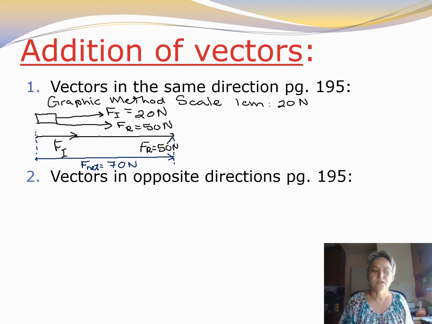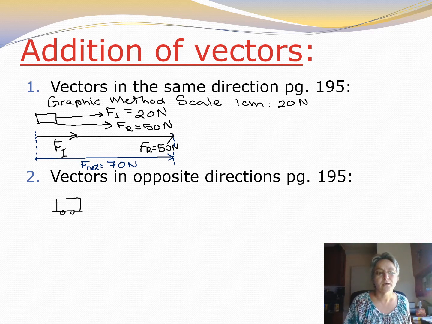For vectors in opposite directions, we draw the situation on page 195, example 1.6.2. Nasli pushes a trolley in the supermarket with a force of 100 newtons. So here's her trolley, and she pushes, Fn for Nasli, with a force of 100 newtons.